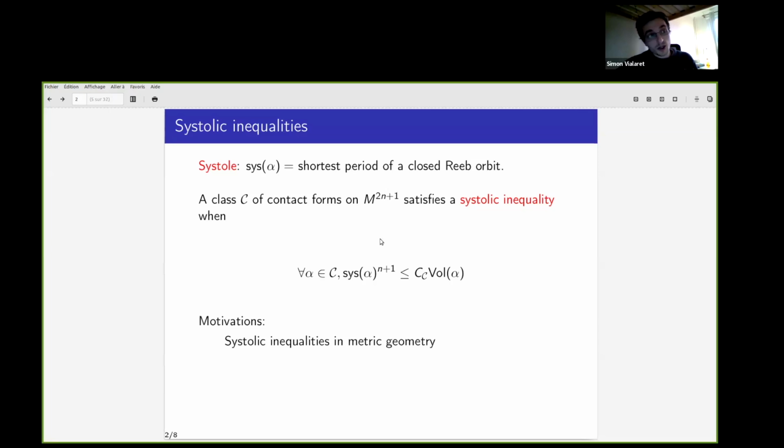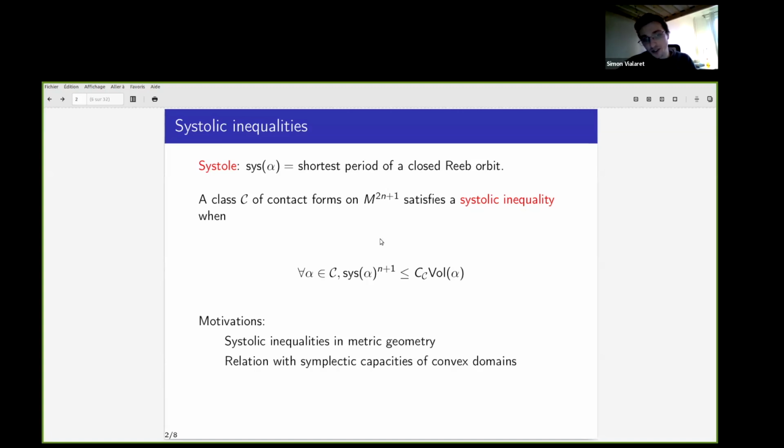Understanding whether or not a given closed manifold satisfies a systolic inequality has been quite studied. It's still very much open, but there are also some rather general results about this. For example, there is a theorem of Gromov, which says that there is a big class of manifolds, called essential, which all satisfy systolic inequalities. That's the first motivation. It's an interesting question in metric geometry, so why not study it also in the contact setting?